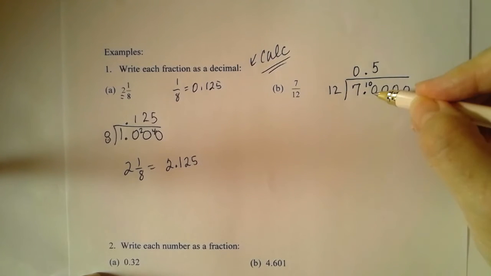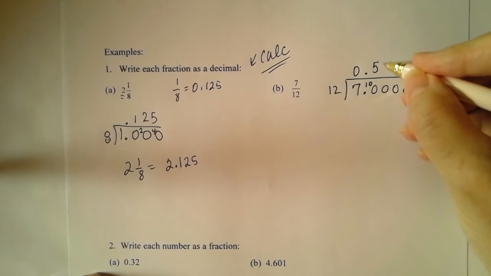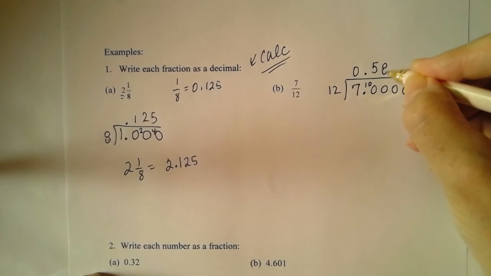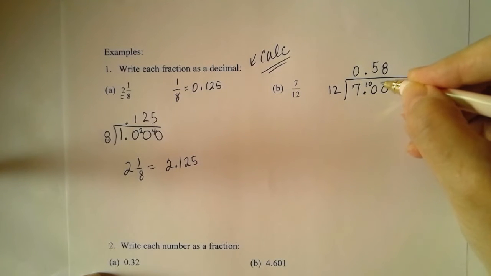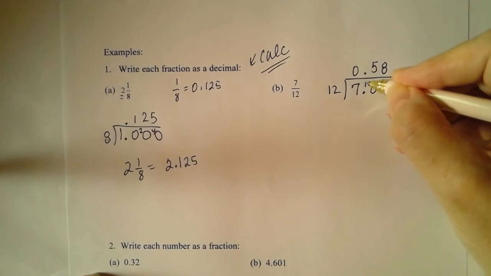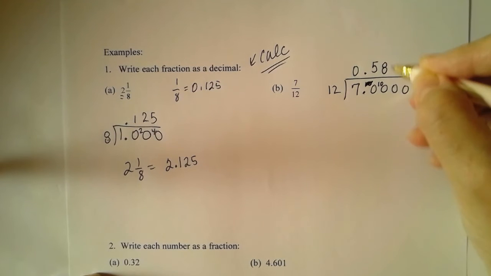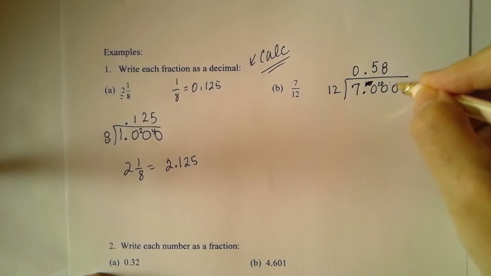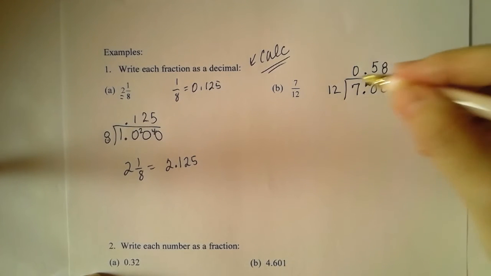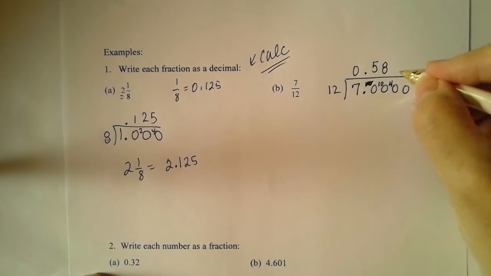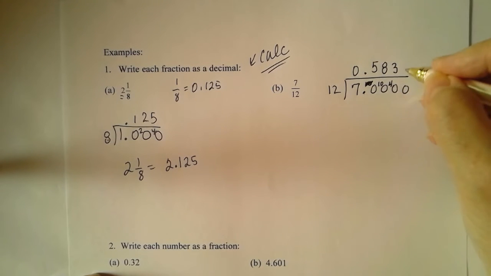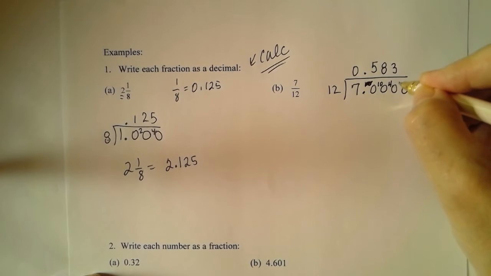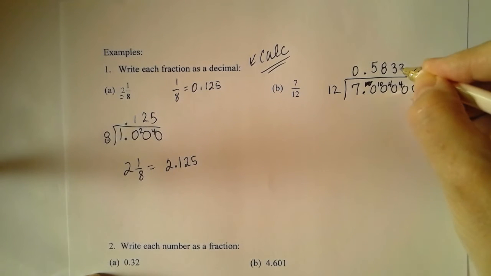So 12 into 100. Let's see, I think 12 times 8 is 96. So then I should have 4 left over. And 12 into 40 goes 3 times. 3 times 12 is 36, so 36 from 40, and now you can see it's just going to be repeating.